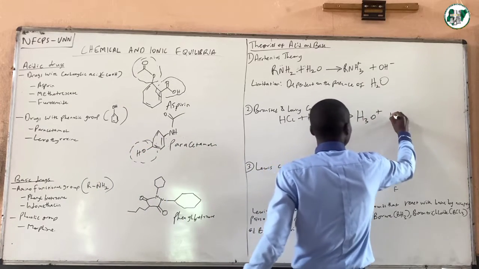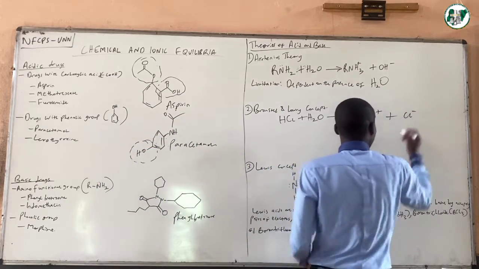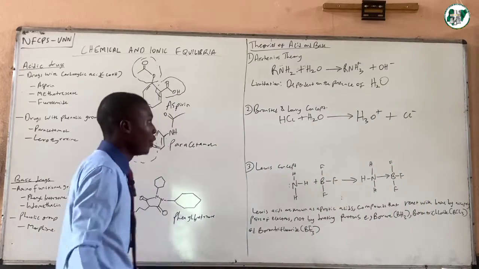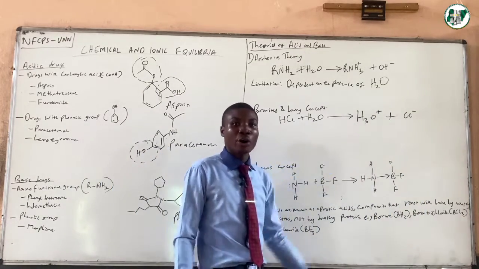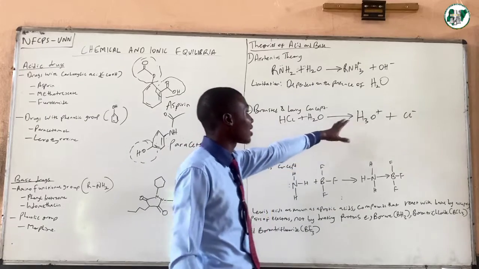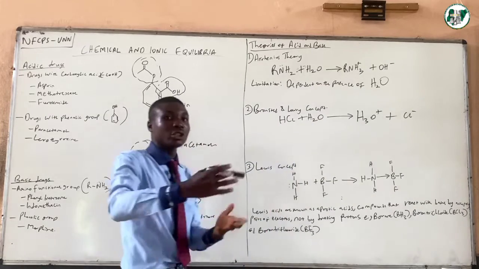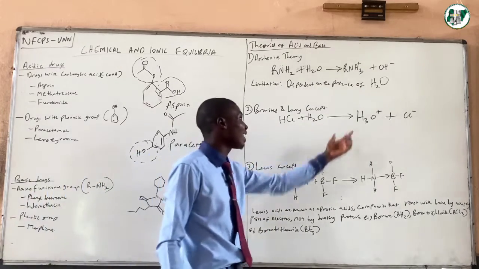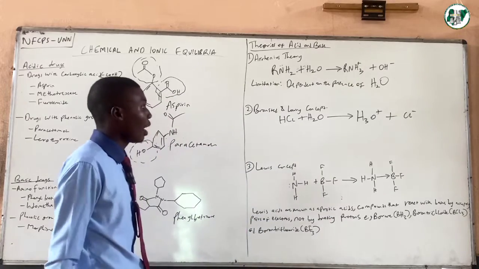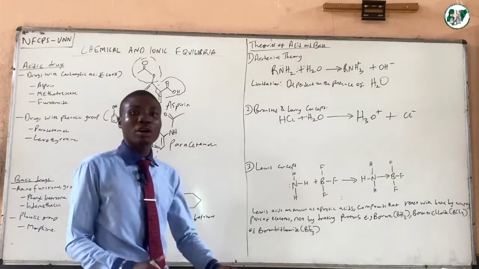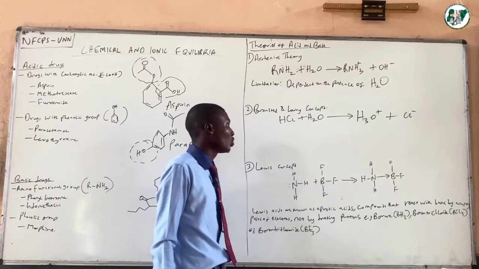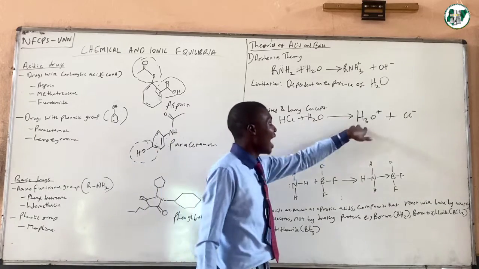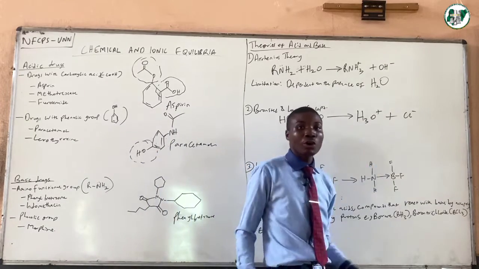It's going to produce oxonium ion plus Cl minus ion, that's chloride ion. Now this can be called oxonium ion, or hydronium ion, and this can also represent hydrogen ion. So it is just water being captured in there for that particular purpose. So HCl reacting with H2O gives us hydronium ion or oxonium ion with chloride ion.